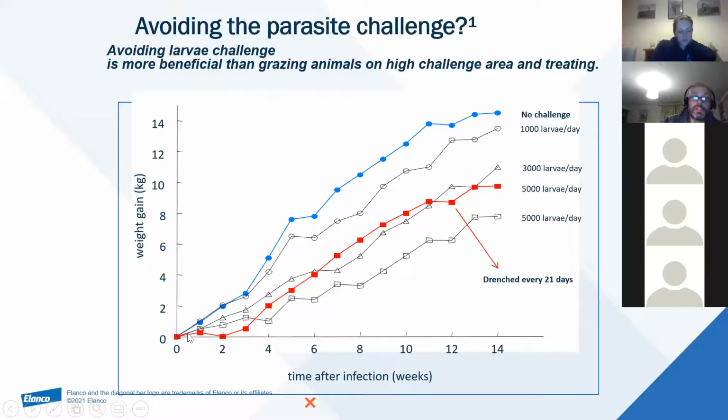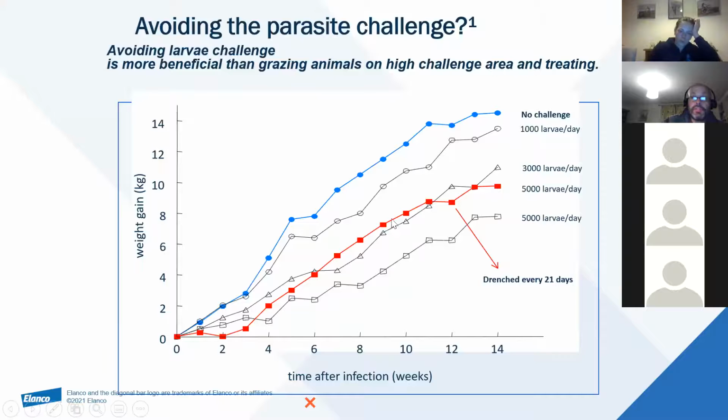This was with a white drench at a time when white drenches were fully effective. And they were treated every 21 days so that these animals never got a positive worm egg count. But you can see from this that even regular treatments didn't get these animals back up to the level of performance you'd have had if you'd been able to avoid those worms in the first place.